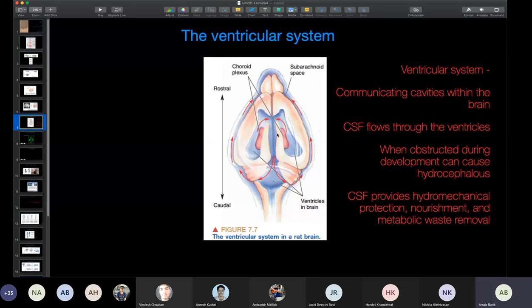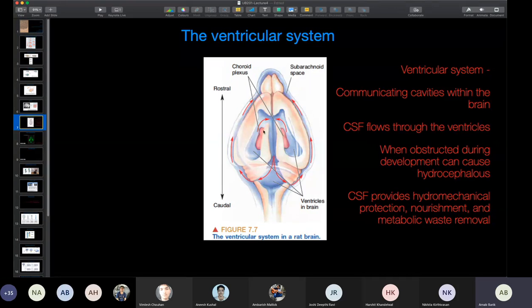And the choroid plexus is manufacturing the CSF, and these are the ventricles. So if you're looking from the top, from the dorsal side, and you make horizontal sections, there is the subarachnoid space between, as I mentioned a minute ago.